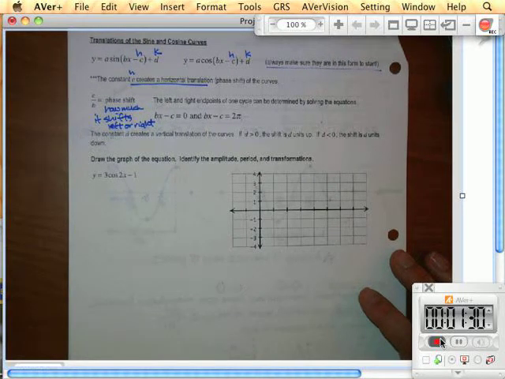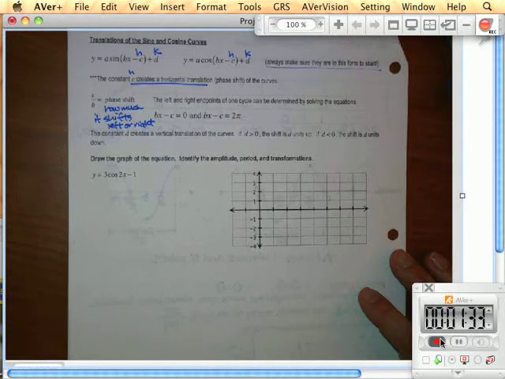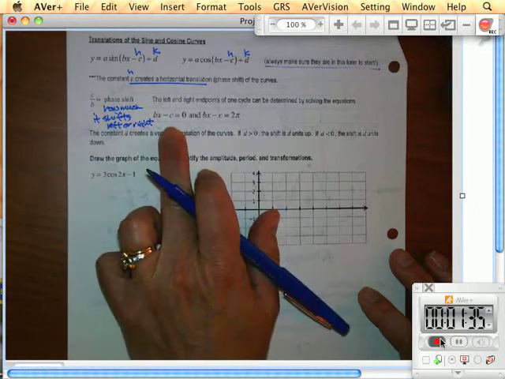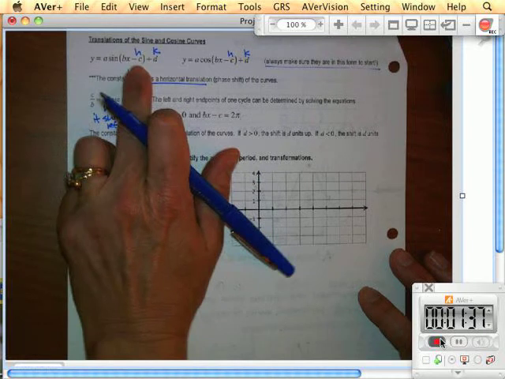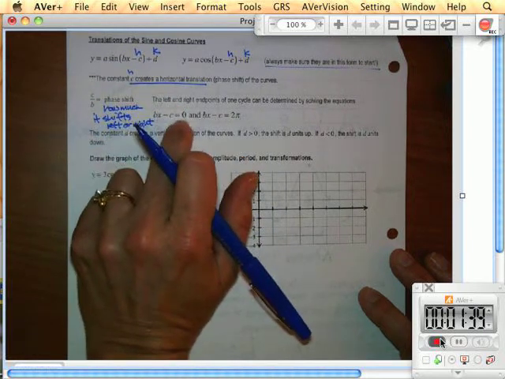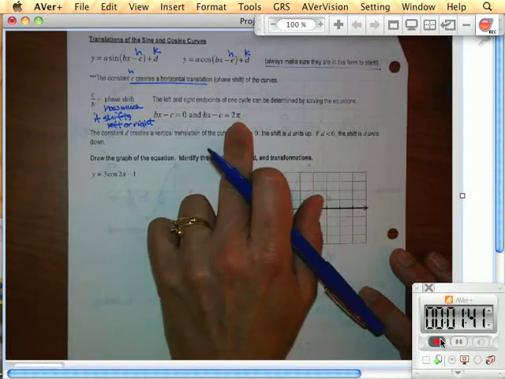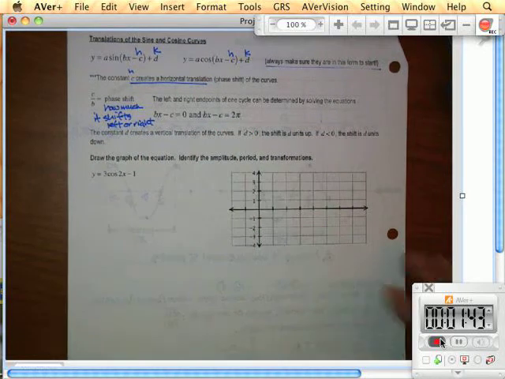The left and right endpoints of one cycle can be determined by solving these equations. So you just take that stuff that's inside the parentheses, you set it equal to 0, and then you set it equal to 2 pi, and that'll tell you the endpoints of your cycle after it's shifted. It's 0 and 2 pi because those were the original endpoints of any cycle, right?